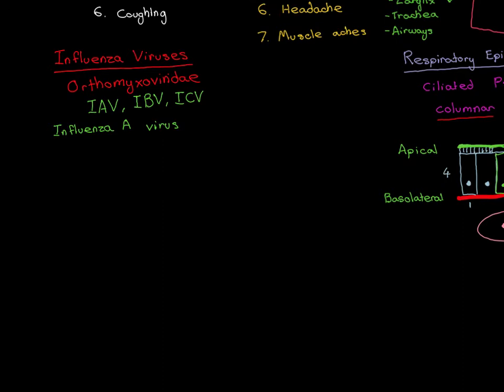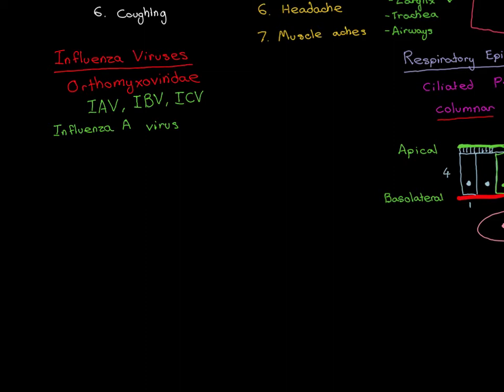Now, I use the analogy of a species of influenza virus to the human species. When you look at all the members of the human species, there are loads of different members, and they're all slightly different. It's exactly the same with influenza A virus. If you were to look at every single influenza A virus that exists on this planet, they would all be slightly different.